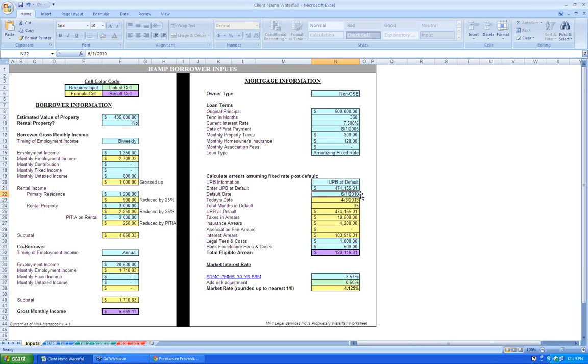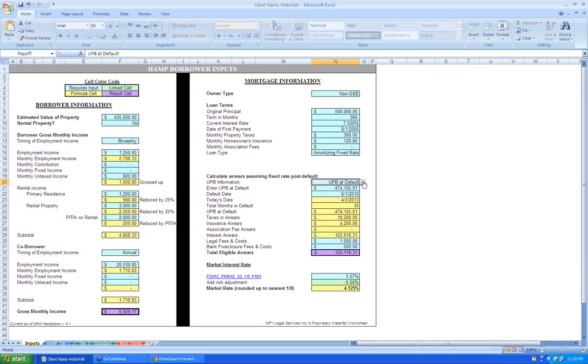And then you enter in the default date, and the worksheet will figure out how long they've been in default using today's date, and figure out how much interest has accrued, how many tax and insurance contributions they've missed, and then you'll need to enter in legal fees and bank foreclosure fees and costs, since those are also capitalizable.